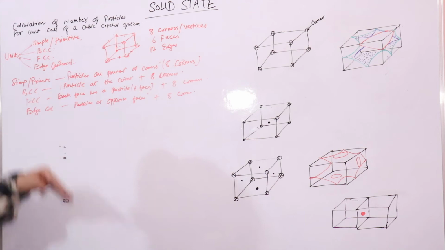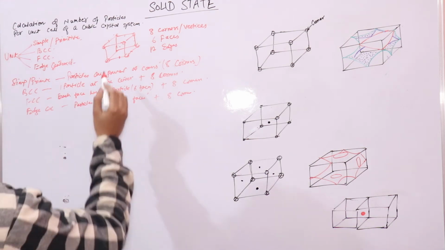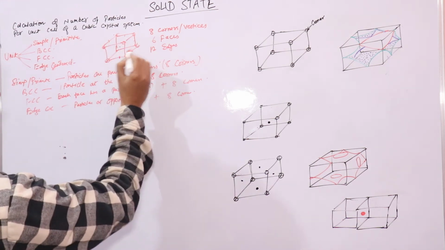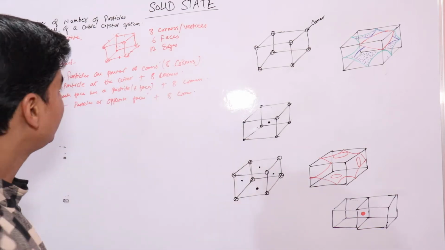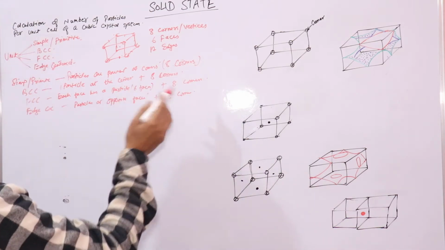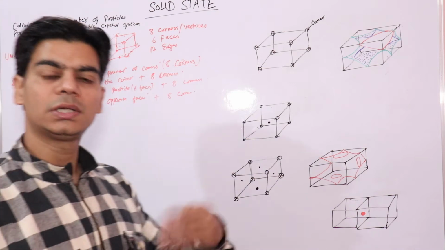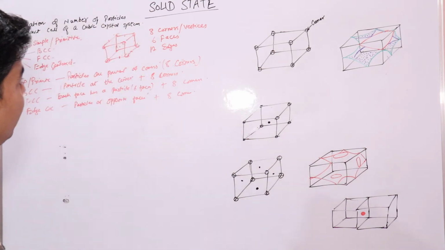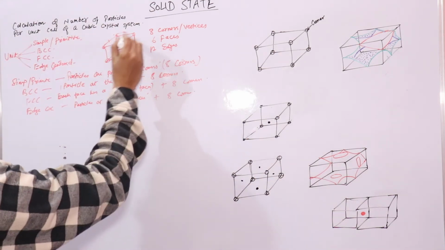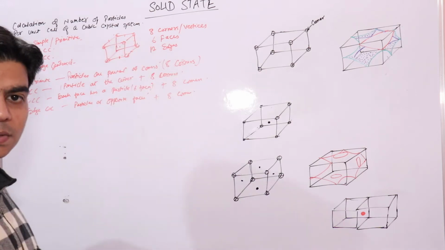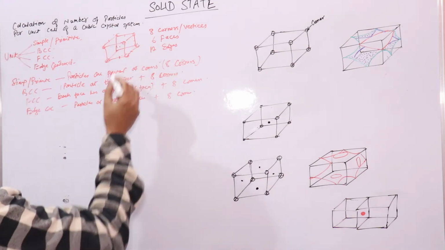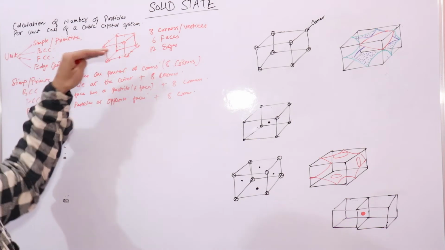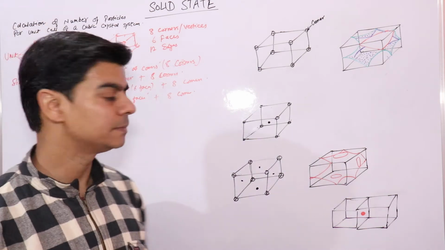So in all the unit cells, particles would be present at all the corners or vertices of a unit cell. In addition, depending on the type of unit cell, a particle may be present at the center, at each face of the cube, or at the edges of the unit cell.